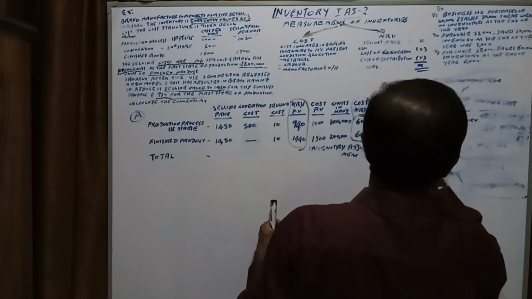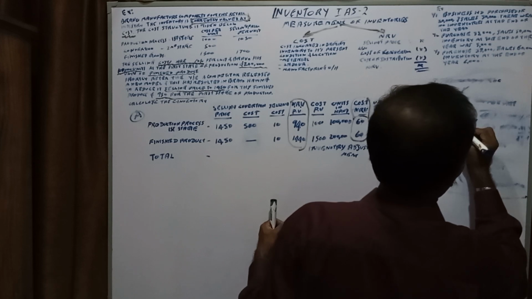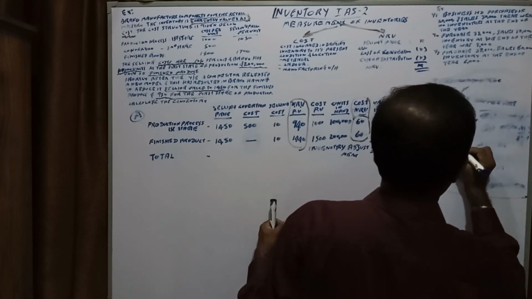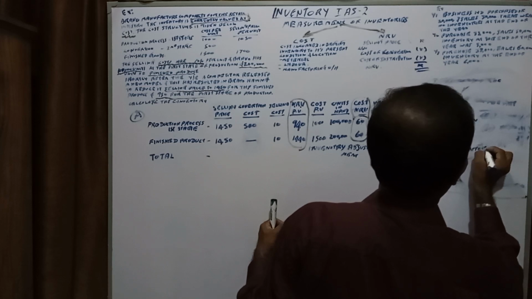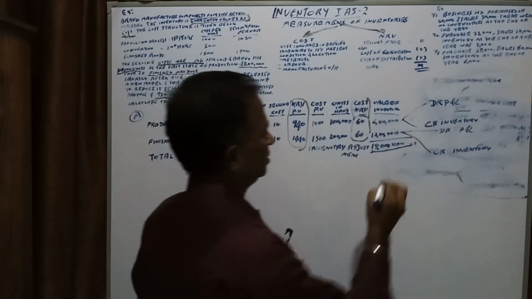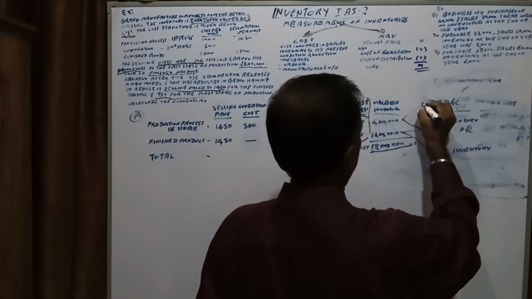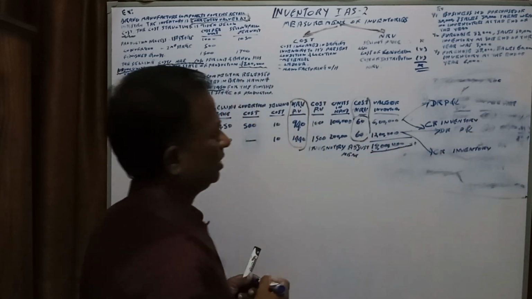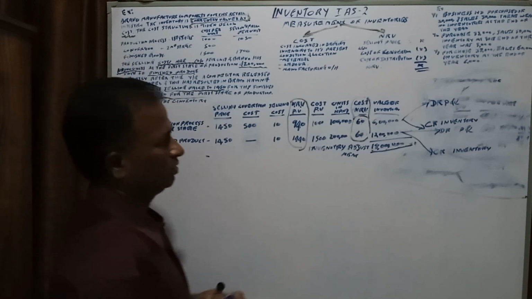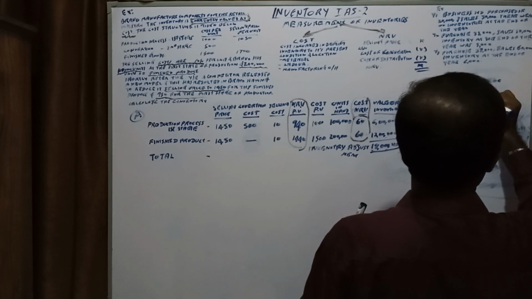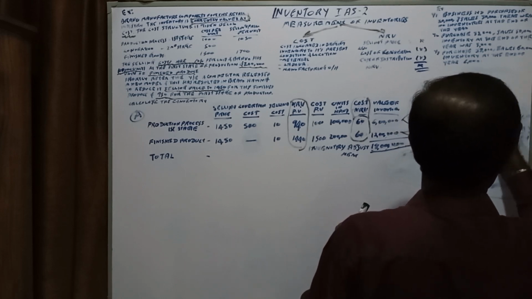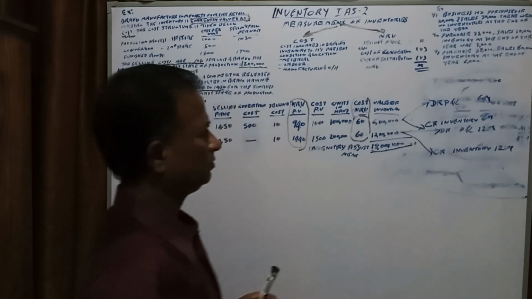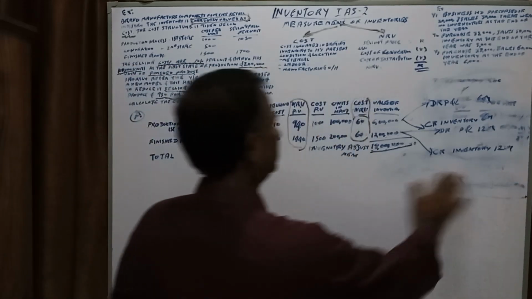Understood? This is the adjustment we need. 6 million and 12 million have to be debited to P&L and credited to inventory. In this way we can present it.